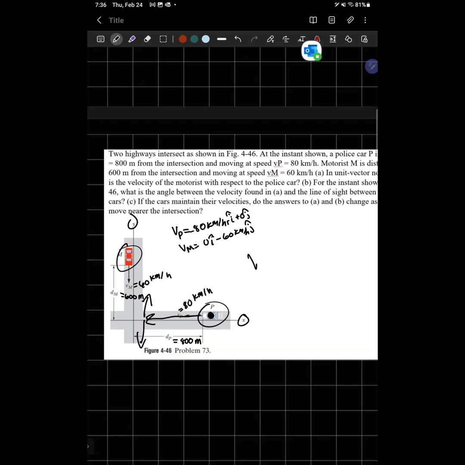So the velocity of the motorist with respect to the police car is equivalent to VP minus VM.